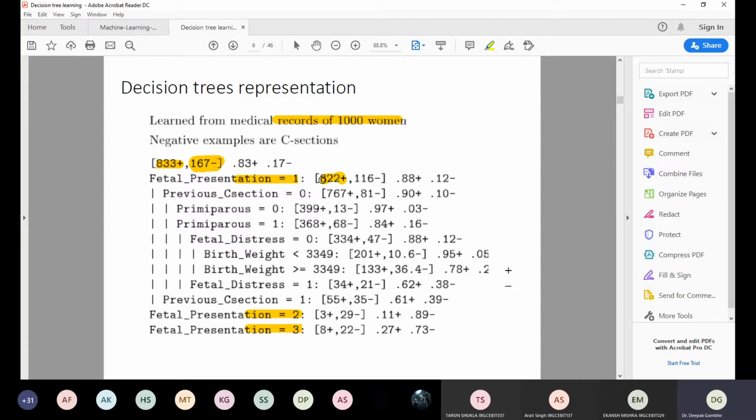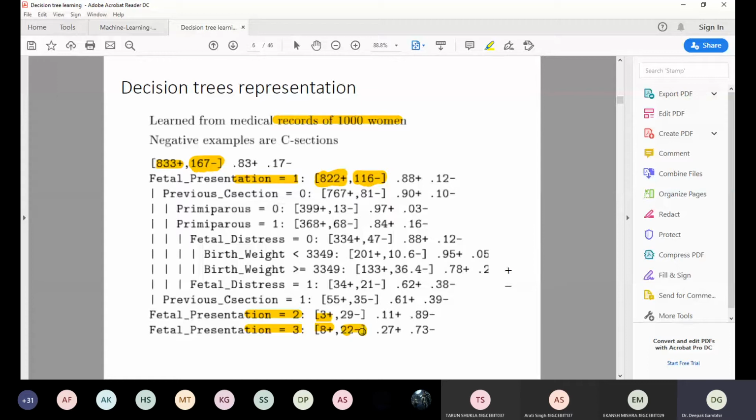822 are positive examples in the case of presentation 1 and 116 are negative examples. Similarly, out of the 833, 3 are positive in the fetal presentation of 2 and 8 in the fetal presentation of 3.